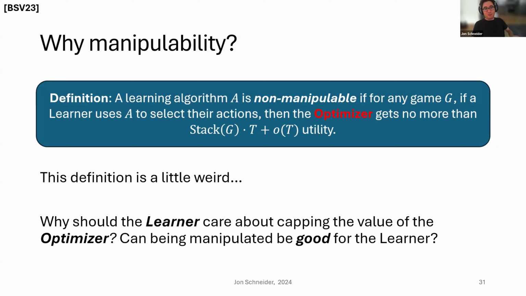In some sense, we're taking the perspective of the learner, because we don't want the learner to get manipulated. But the definition basically says that we're going to design an algorithm for the learner that guarantees that the other player doesn't get a lot of utility. And this is a little counterintuitive. Why should the learner care about capping the value of the other player, the optimizer? And you can ask, can being manipulated actually be good for the learner?